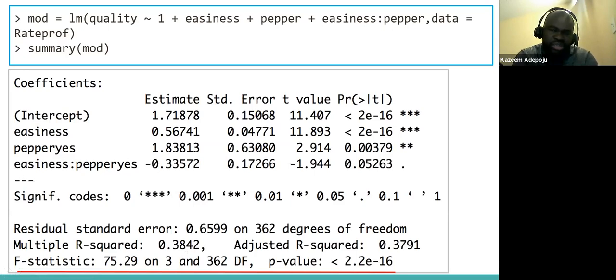Okay. Like I said, the model is adequate. How do I know the model is adequate? Because the p-value is less than 0.05. The model is adequate. But you know what? The degree of adequacy of this model is very, very small. Okay?